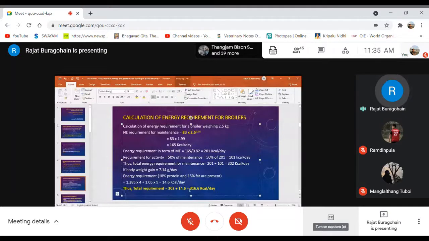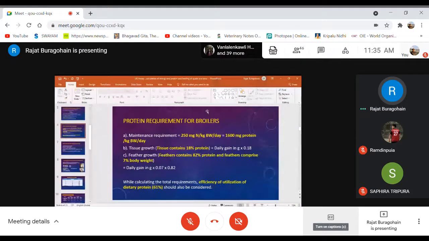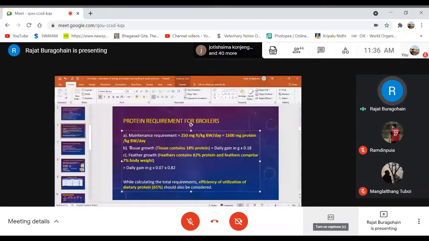Then protein requirement. First of all, protein requirement for broiler. Here, in case of protein requirement, we have to consider many things. First, the maintenance requirement of protein. Second, protein requirement for tissue growth, that is body weight gain.